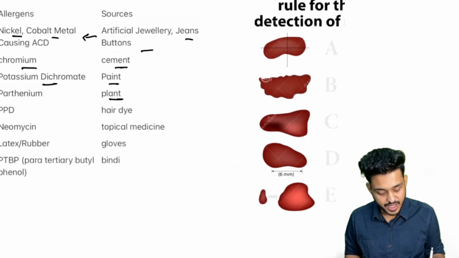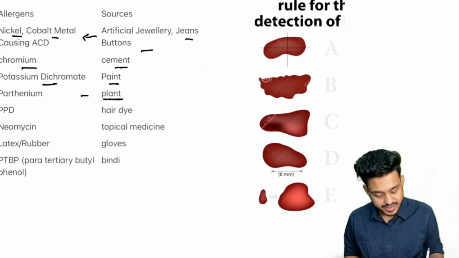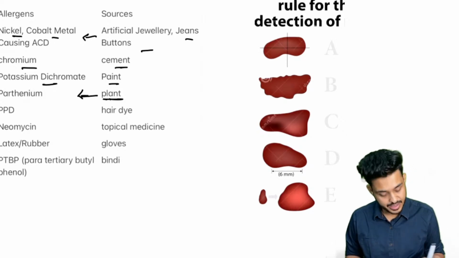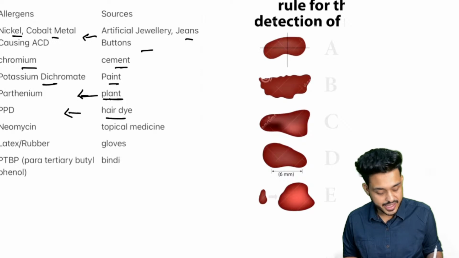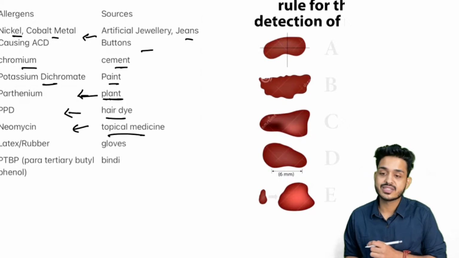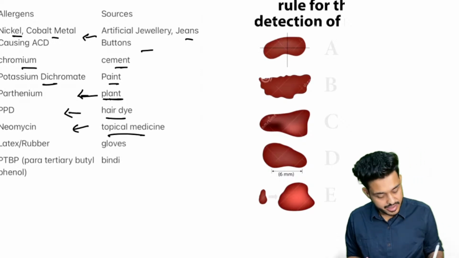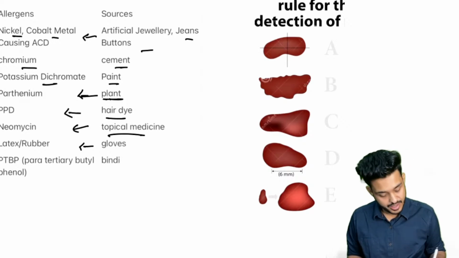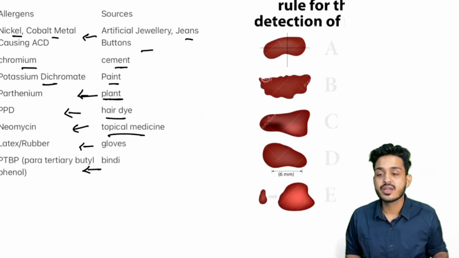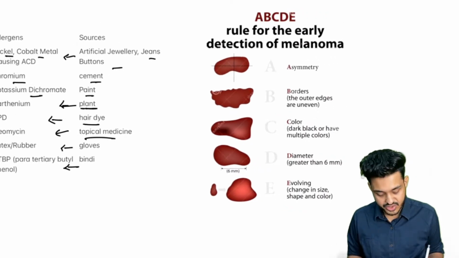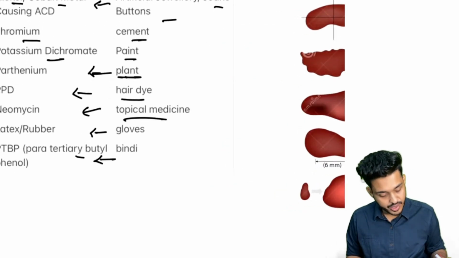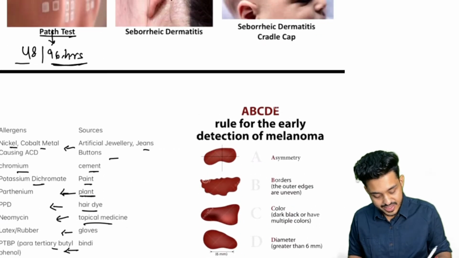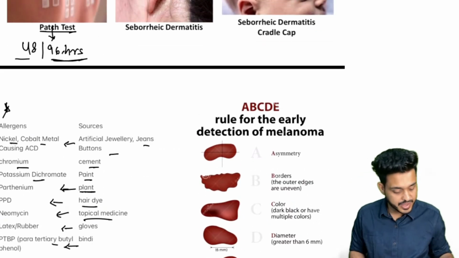In plants we are having parthenium or congress grass, you can say. Hair dye, you are having PPD. Topical medicines like neomycin can also cause dermatitis. In gloves, some people are allergic to latex or rubber. And in bindi we are having PTBP, that is para tertiary butyl phenol. Okay, so this is the important table that you should be remembering.